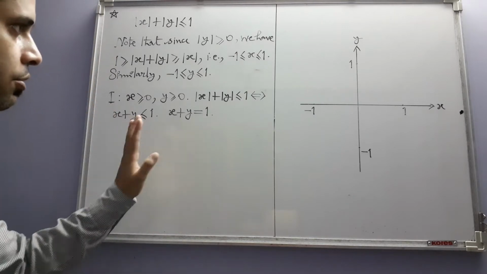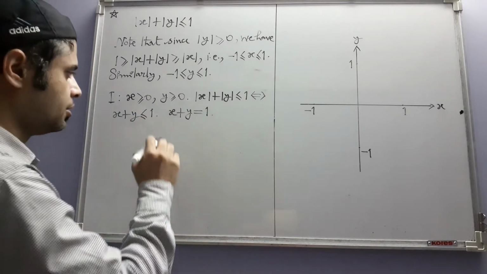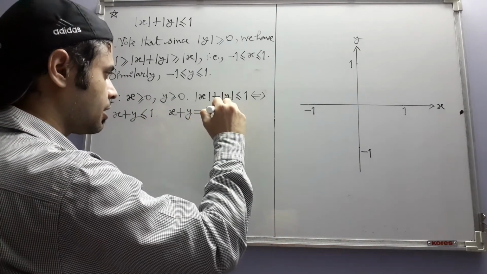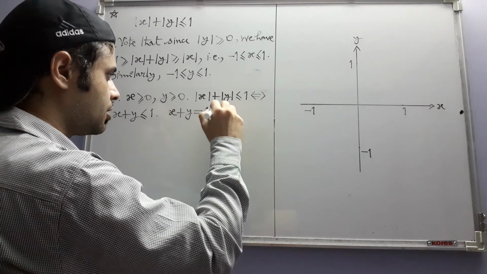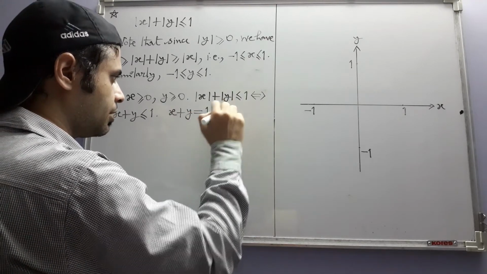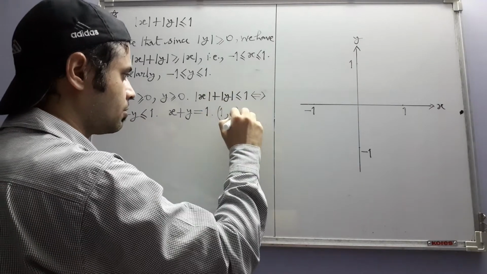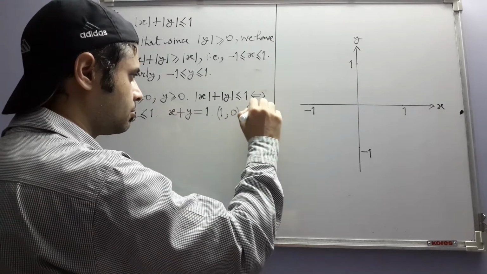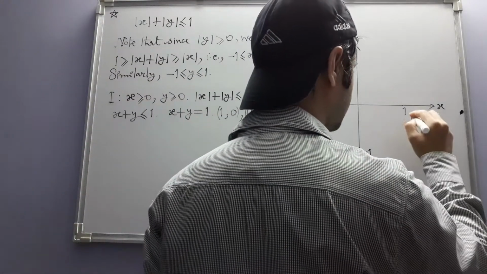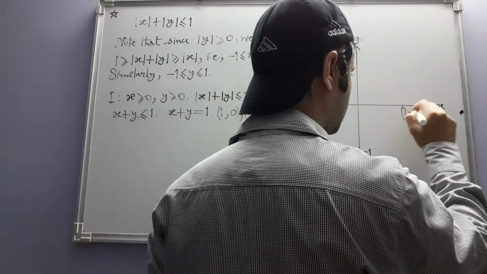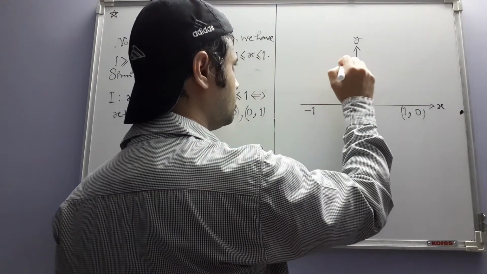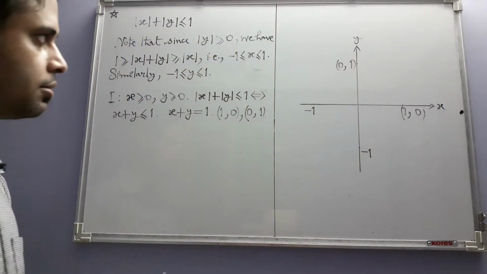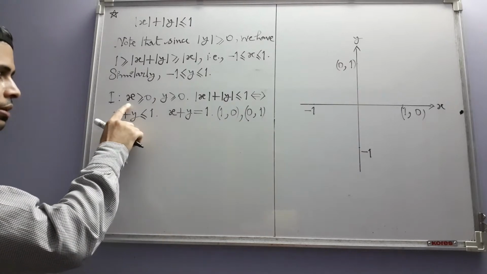You can take any 2 points, but 2 particularly easy choices are these. If you take x equal to 1, then y will be 0, and if you take y equal to 1, then x will be 0, and these points are just these: 1, 0 and 0, 1.